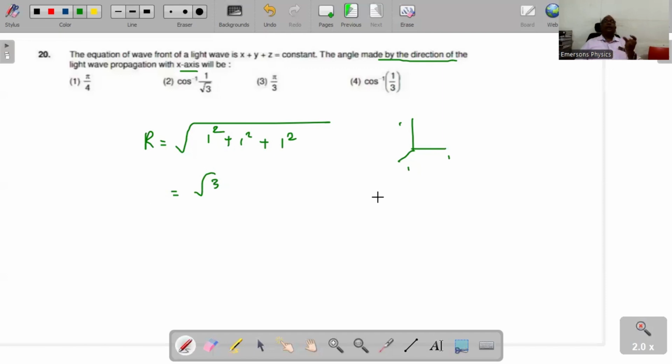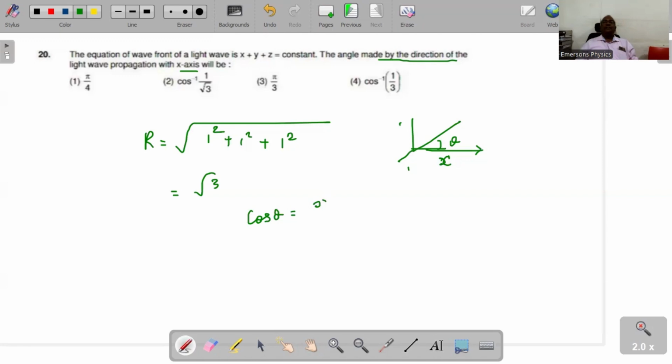We wanted to find out the angle from the x-axis. Resultant may be in three dimensions, and that angle is theta, from the x-axis. So always we'll take x-axis means adjacent side, cos theta. Cos theta will be equal to adjacent side by hypotenuse. Here the value is, let us take it as x.